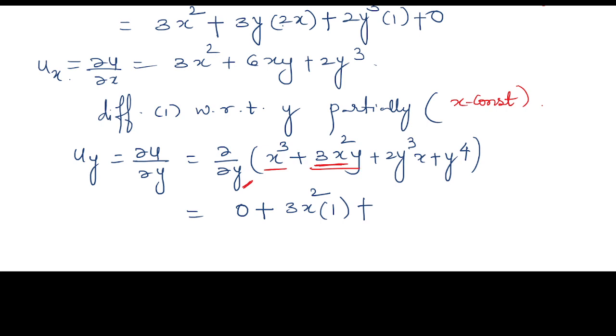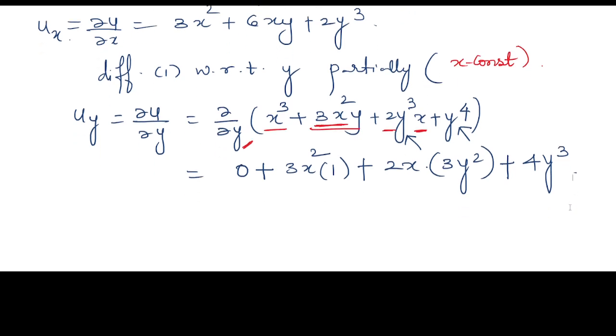Then in the next term 2y cube x, 2 is constant, x is constant, so we write them as they are. Only y cube is left, and its derivative with respect to y is 3y square. Plus, derivative of y raised to 4 with respect to y is 4y cube. So that is 3x square plus 3 into 2, 6x y square plus 4y cube.